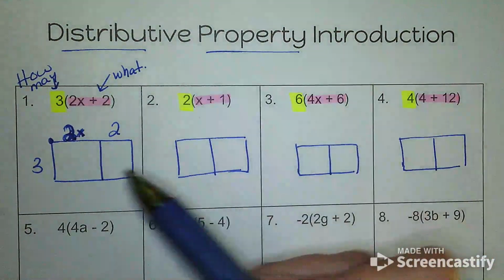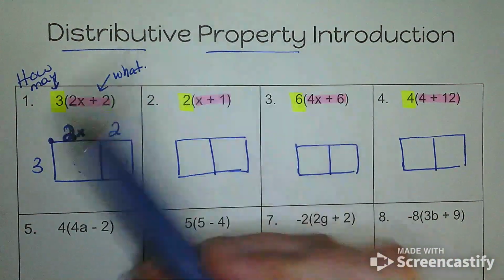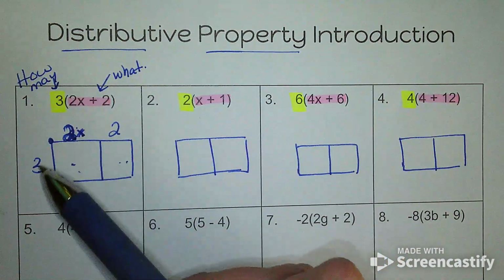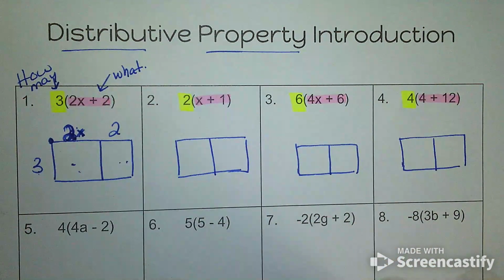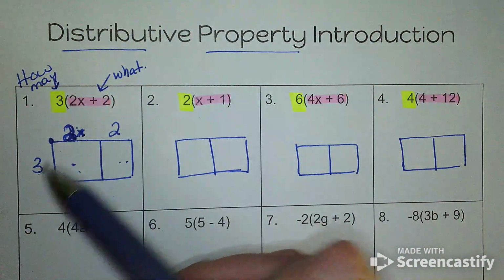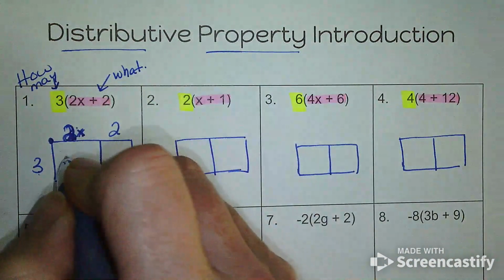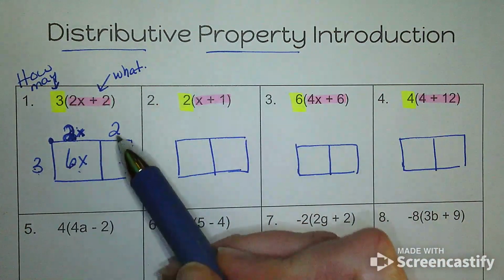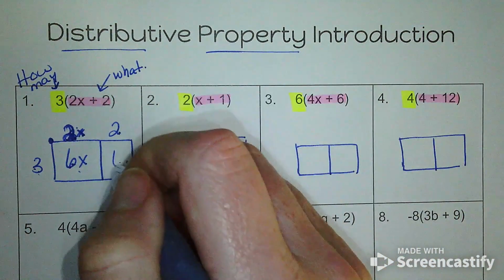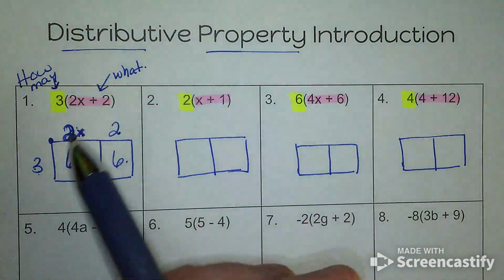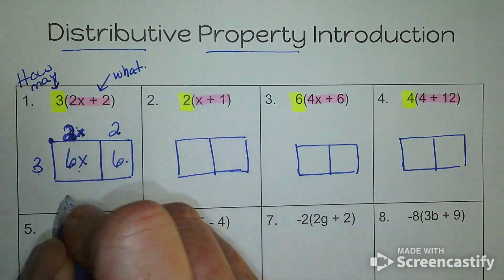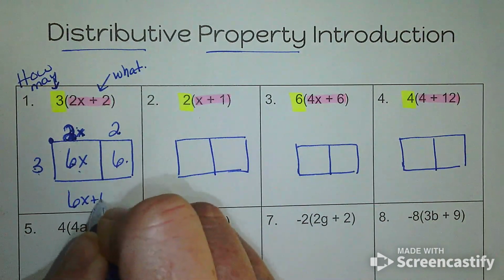In each of these empty boxes, we're going to multiply 3 times 2x's and figure out how many cheeseburgers, and 3 times 2 and figure out how many constants. So 3 times coefficient 2 is 6. The x is a hitchhiker. It follows along. 3 times the constant 2 is 6. So if I want to order 3 orders of 2x plus 2, my answer is 6x plus 6.